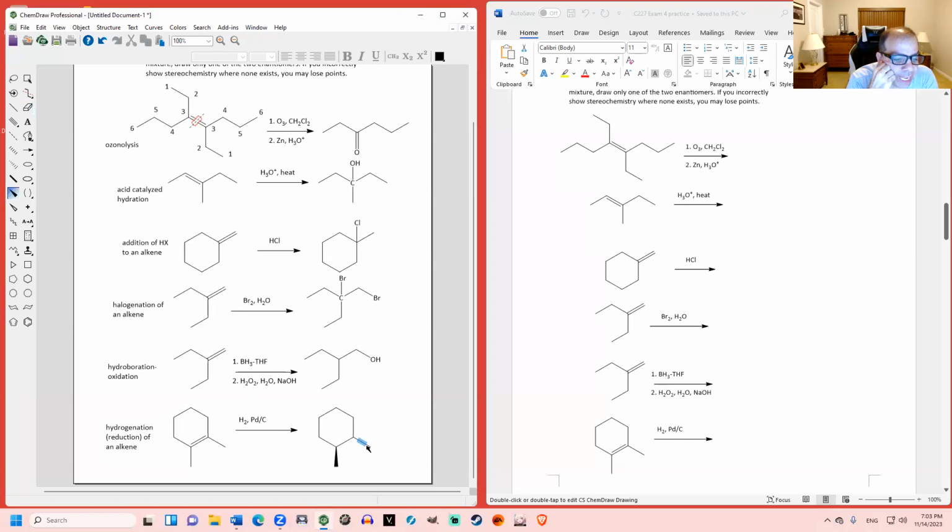And the hydrogens add in a syn fashion, SYN. So we need to show that in the product. We need to show that the two methyl groups are cis to each other. You don't have to draw the hydrogens, but if you want to, they should be with dotted bonds.